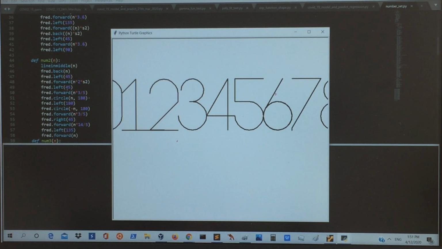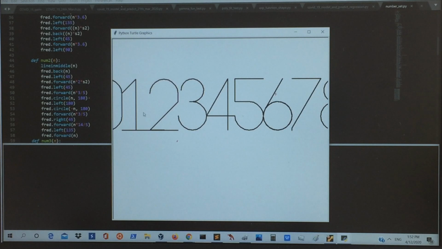And for how much it goes, line in middle and thread.back and thread.left 45, thread.left 45, thread.forward that much, this distance. So what I mean is n times 2 times s2, which is the square root of 2, and that would be squared.